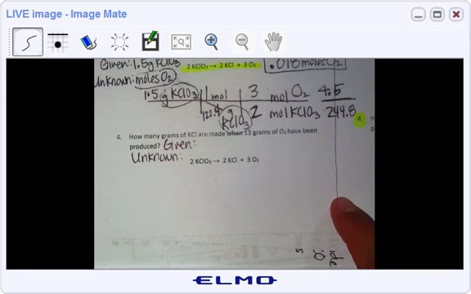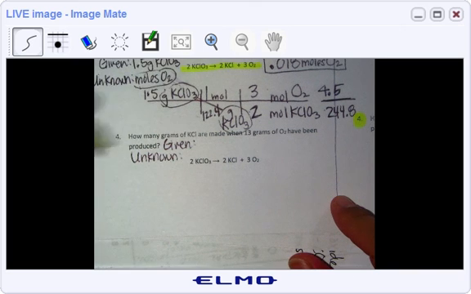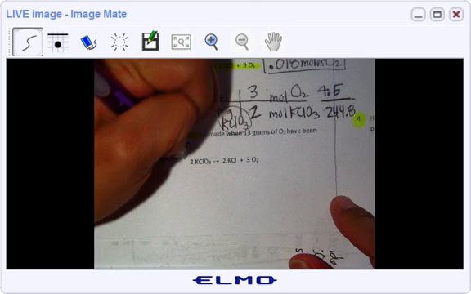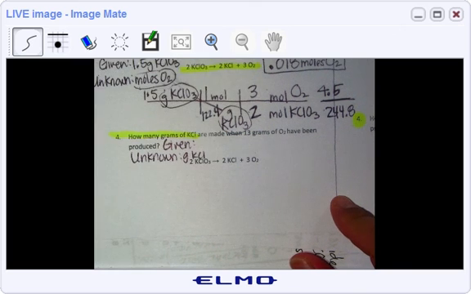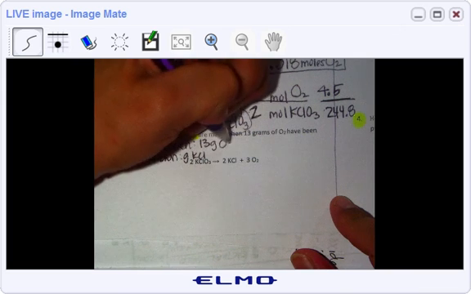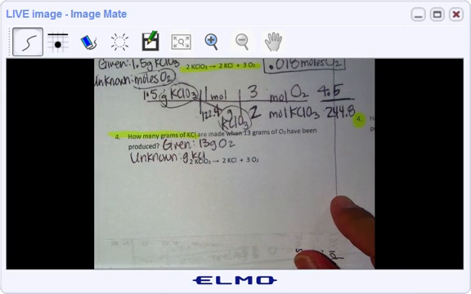How many grams of KCl, so that's what I'm looking for, because it says how many grams of KCl are made when 13 grams, that's what's given to me, 13 grams of O2. So I'm going gram to gram.